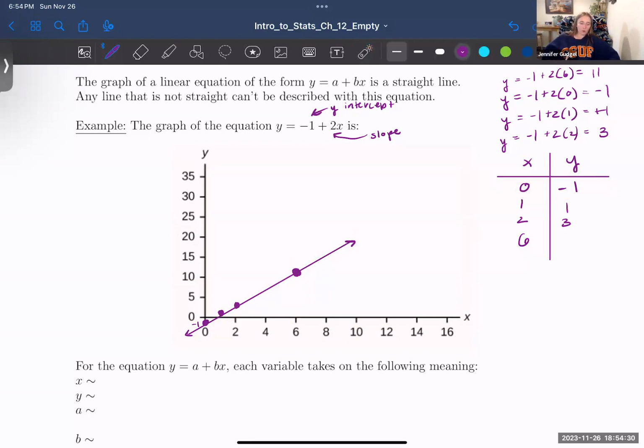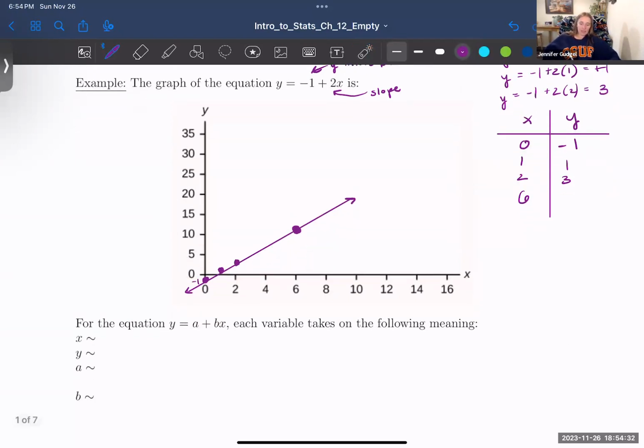All right, so with these 4 variables that we've discussed again, x is the input value. Y is the output. We put in an x value, we get out a y value. A is the initial value or the y-intercept.